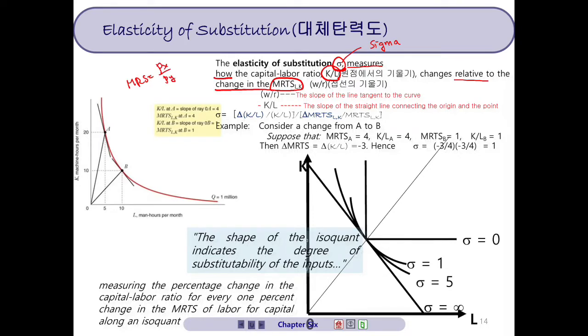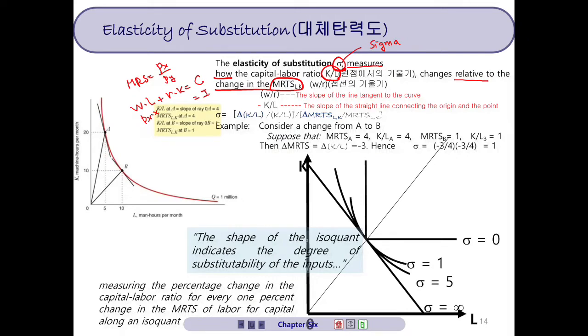For this MRTS, we look at something like a budget line. We think of W times L plus R times K as cost, like income in the consumer's budget constraint.